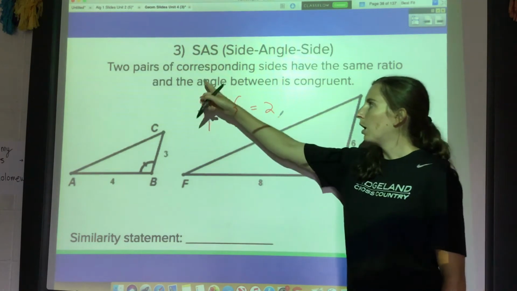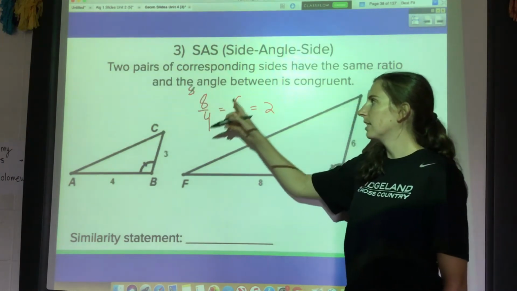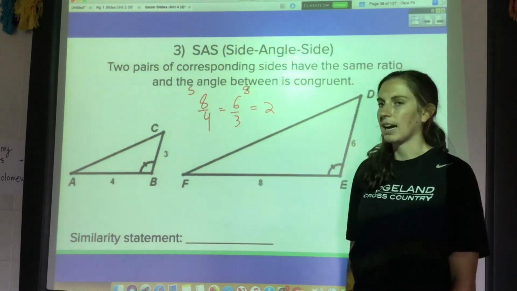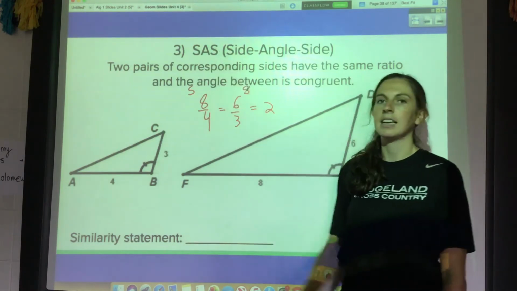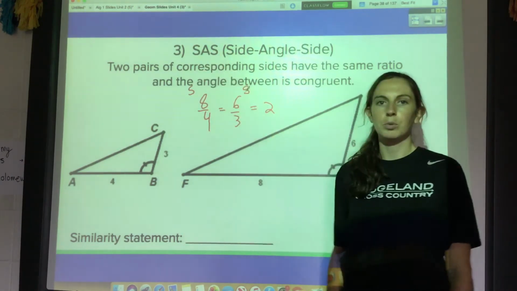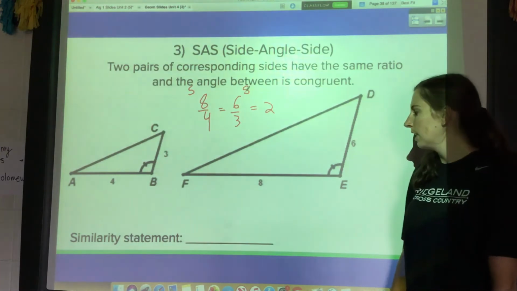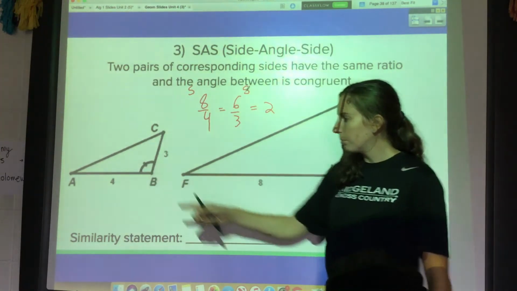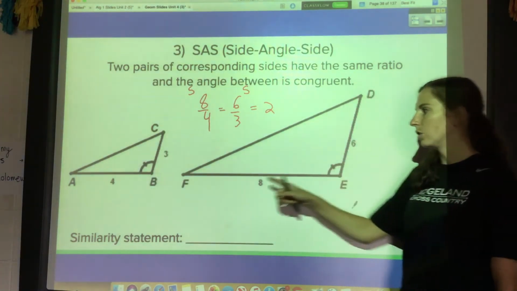So this is one pair of corresponding sides. This is another pair of corresponding sides. So that's like the S and the S. And now we need to check that the angle in between those two sides is congruent. And we have that. This arc and this arc indicate that these two are congruent.